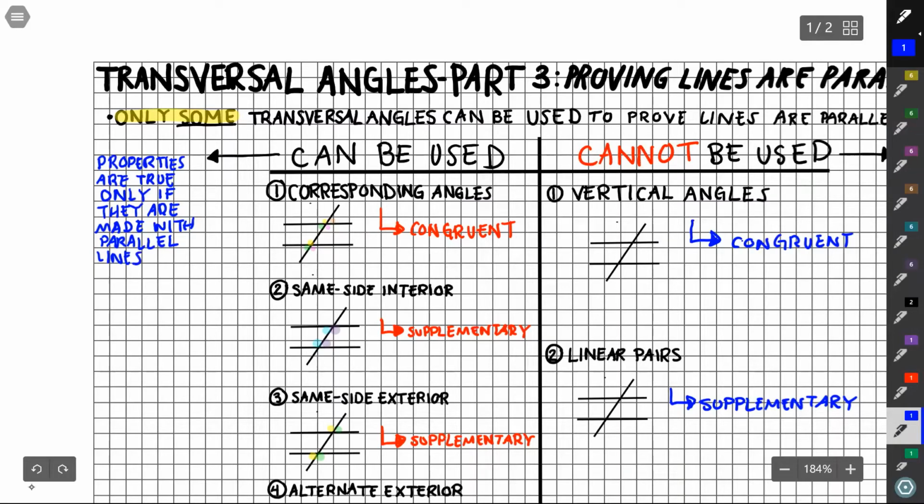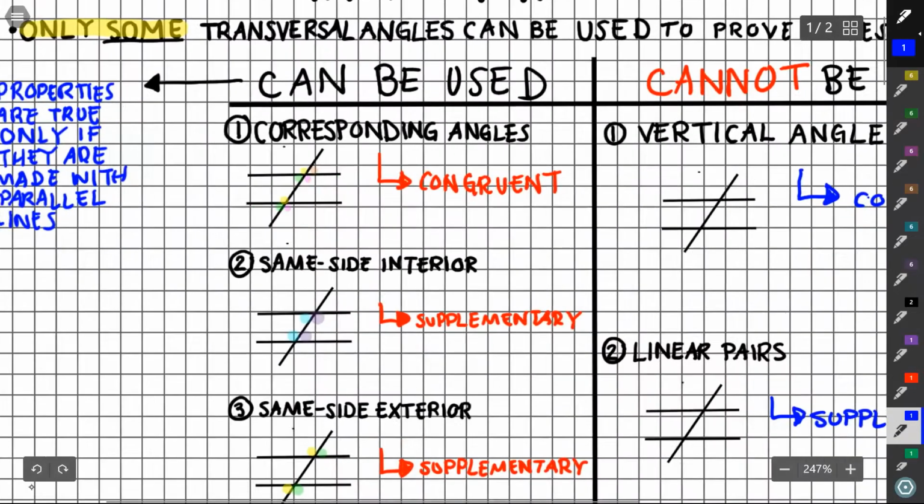Alright, so that means that these properties are only true or will only work if the angles are made from parallel lines. Alright, so we're going to zoom in a little here. We're going to go through these one by one.